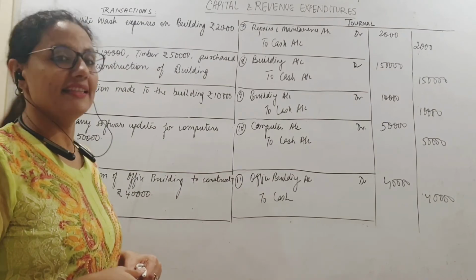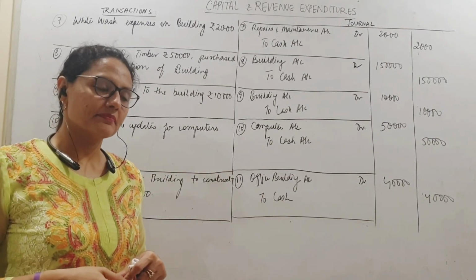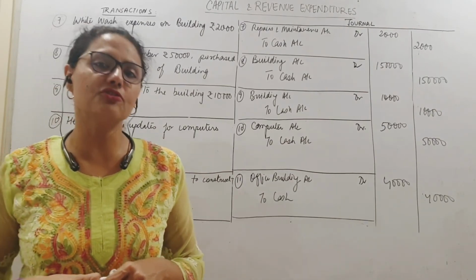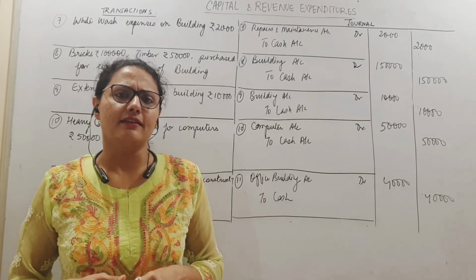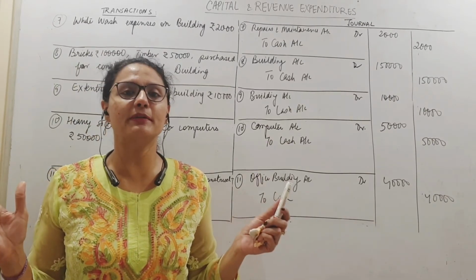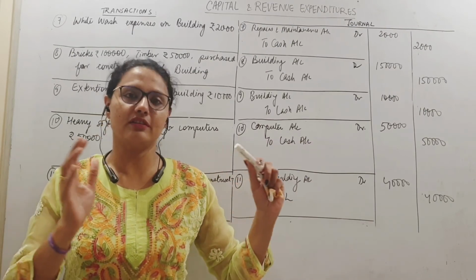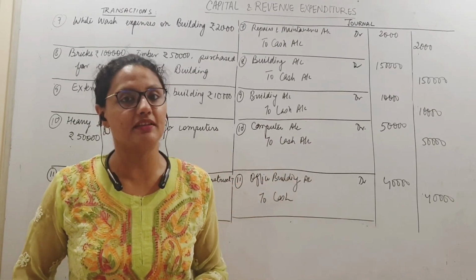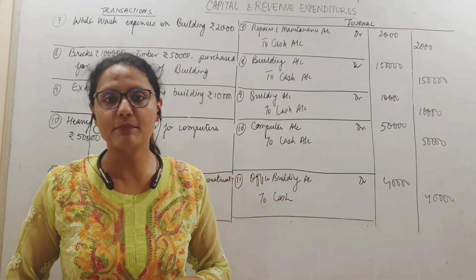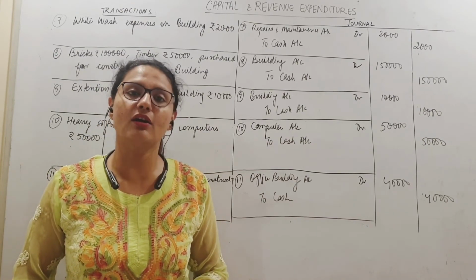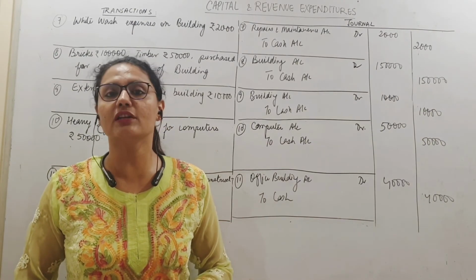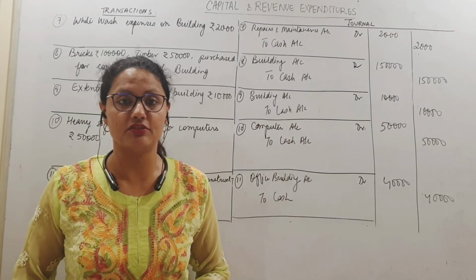So I hope that through this video I have been considerably able to drill in you the difference between recurring expenditure, revenue expenditure, and capital expenditure, which is very important to differentiate, because our profit calculations will go wrong if we do not differentiate them.